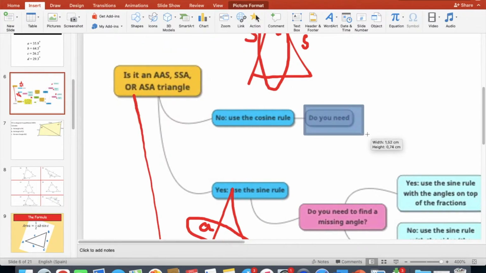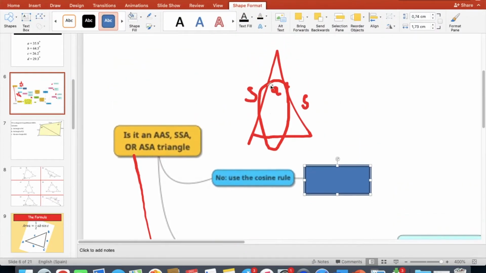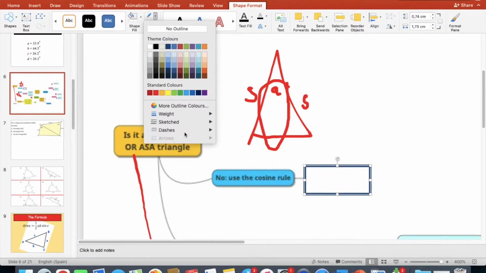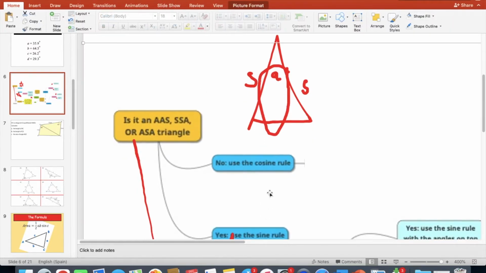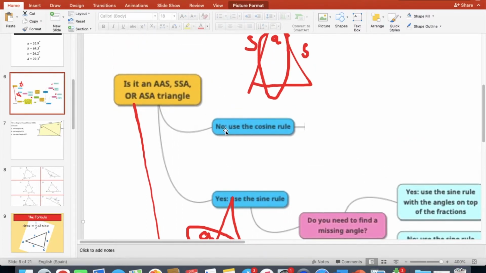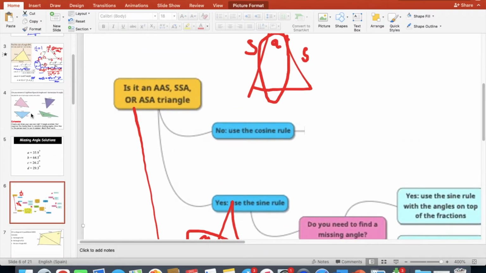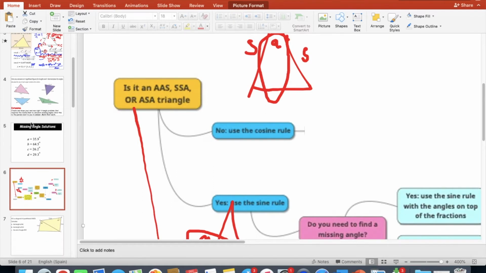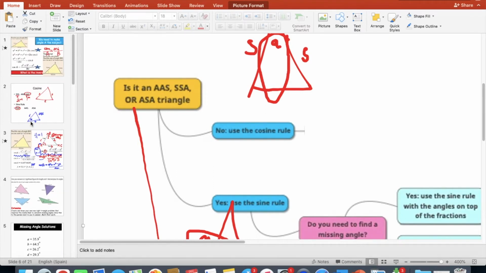So we've discussed mainly the SAS triangle and the SSS triangle, but of course you can also use the cosine rule for these triangles as well, but it's not as easy. If you'd like to copy these rules down, I will put them on the screen shortly.